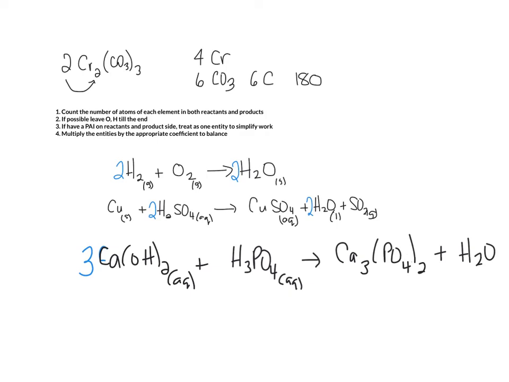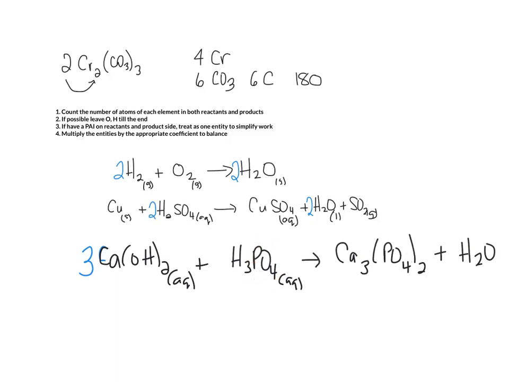So now we have our calciums balanced. So now let's look at the phosphate, the PO4. We have a polyatomic ion that is on both sides. There's no other form of phosphorus on the right. So we're going to balance PO4 as its one entity.